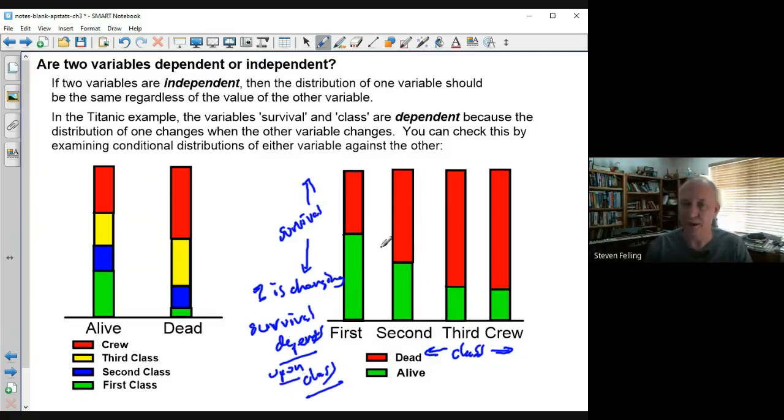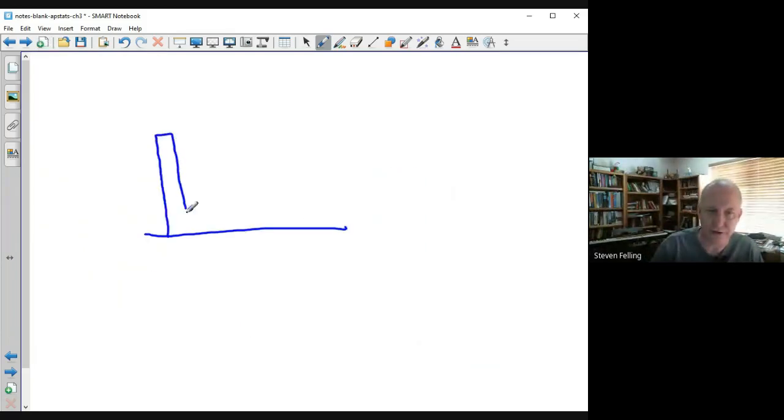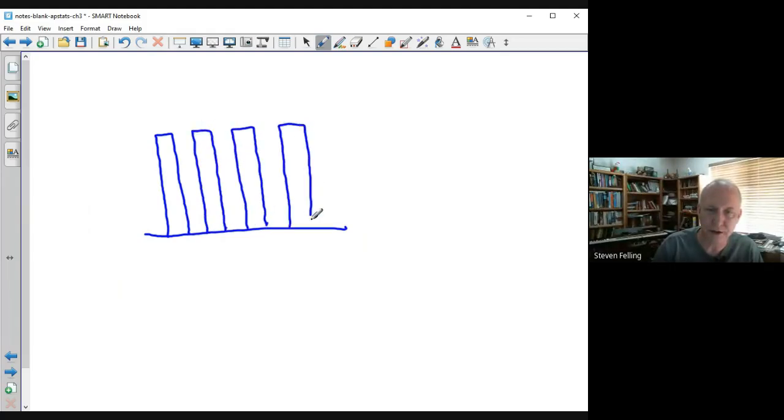Survival depends upon class because we have to know what class it is if I want to give a value. Now, if that looked different, let me just quickly draw a different scenario. Let's say that I had my variables here. Same thing. So I've got first, second, third, and crew, and maybe my percentages looked like this. They were almost identical.